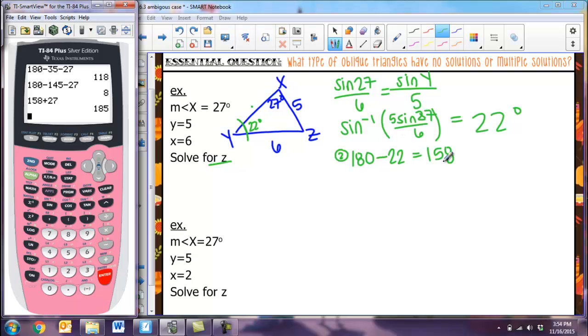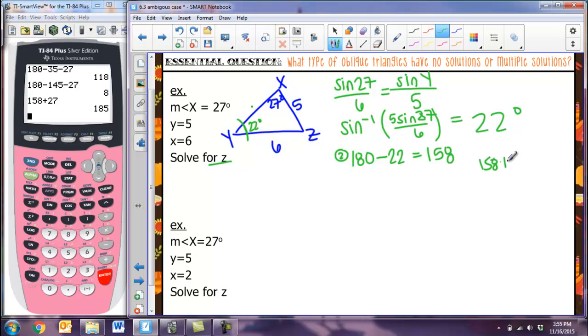And so since 158 plus 27 is greater than 180, this isn't going to make a triangle. So for this one, I only have one possible answer because I can't build that triangle that has those specific angles in it. So for this one, you only get one solution because your second angle didn't actually do anything useful. Okay, so we've seen two solutions and now this is one solution.